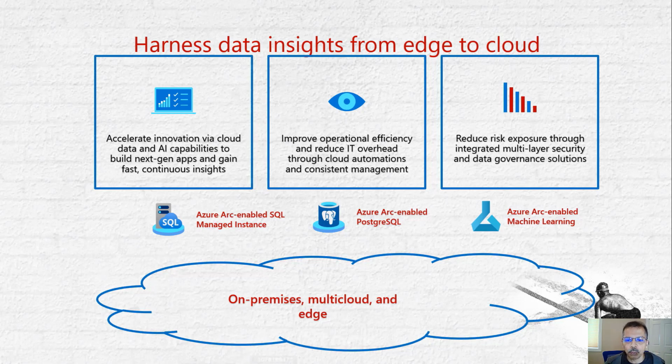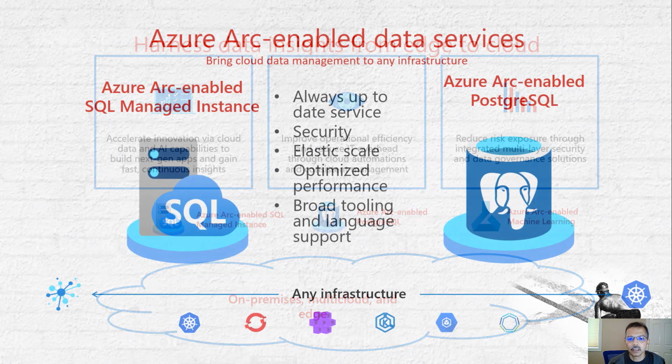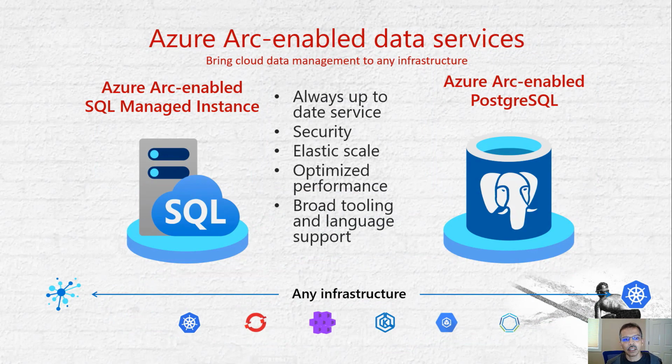And they reduce the exposure through an integrated multi-layer security and data governance practice. And that's where Azure Arc enabled data services comes in. With Azure Arc enabled data services, we bring the best of Azure with its cloud data management capabilities to any infrastructure, no matter where the infrastructure lives.